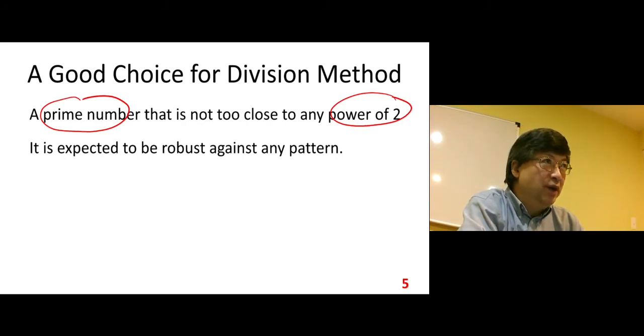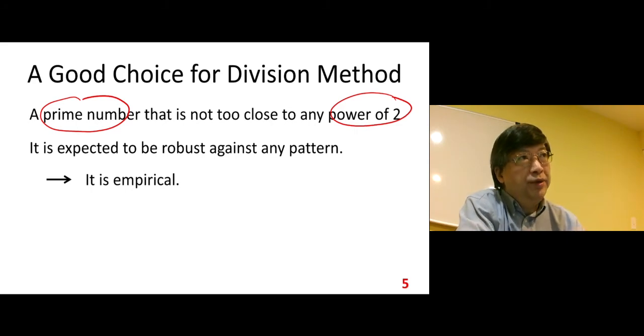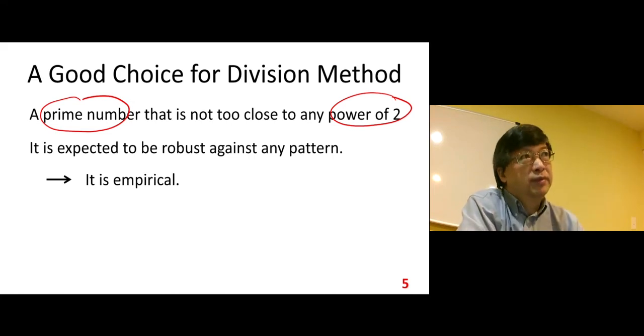Still, we cannot guarantee it is ideal. It may not be that ideal. This method is empirical. Doing experiments, we can check, and it is pretty good, but it cannot be proved.